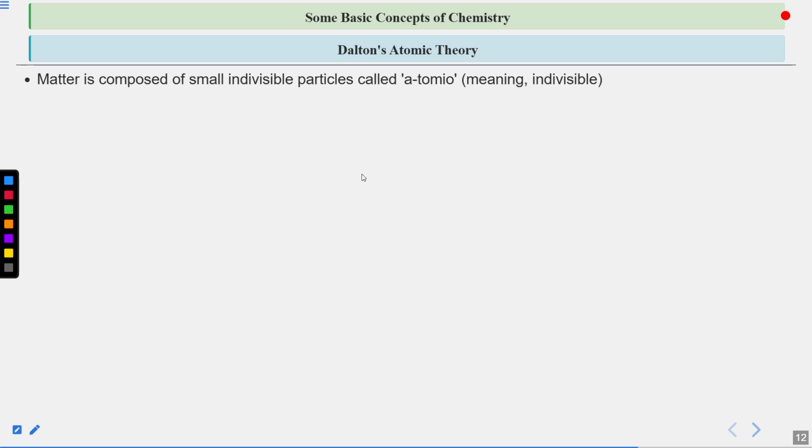So, the famous statement of this Dalton's law of atomic theory was, matter is composed of a small indivisible particle called atomia. The same matter which we have discussed in the previous section is composed of this small indivisible, means which cannot be divided further. And this word atomia itself has this meaning of indivisibility.